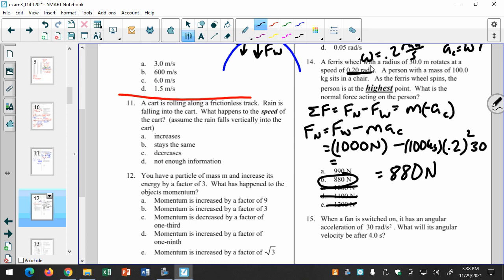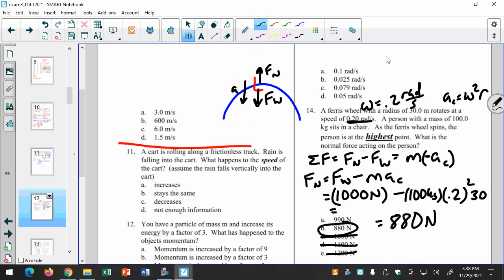So just in the process, notice that I drew this picture. A picture always helps me. Even now, I've done these a gazillion times, I still have to draw the picture and think about it. What are the directions of the forces? What is the direction of the acceleration? And then imagine where I am. Then I still have to write out Newton's second law, and recognize the sign that I have here.